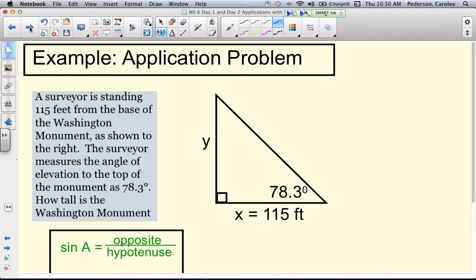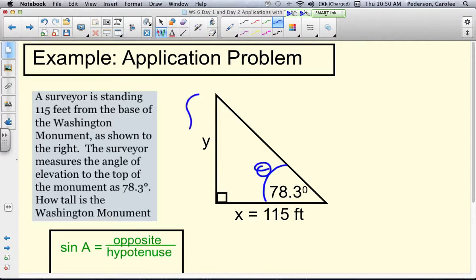Next example. Don't need to write the words down, just go ahead and draw the picture. A surveyor is standing 115 feet from the base of the Washington Monument as shown to the right. The surveyor measures the angle of elevation to the top of the monument to be 78.3 degrees. How tall is the Washington Monument? So here's my angle of elevation.